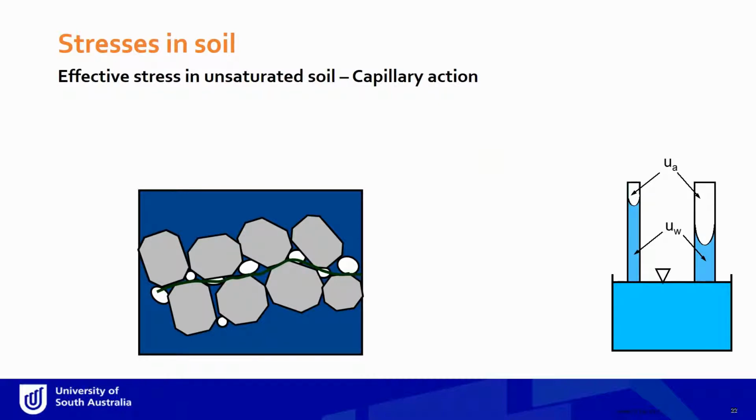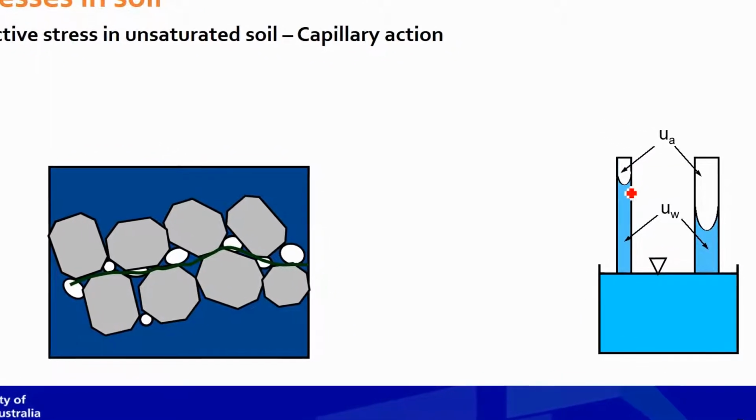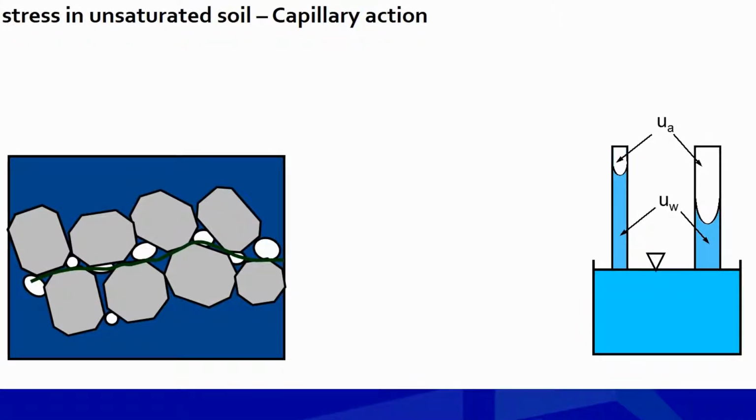The stress in soil, or effective stress in soil, as we have seen, is a function of total stress and water pressure. Total stress and water pressure, any of these two changes, the effective stress will change. Now in unsaturated soil, because of capillary suction, surface tension forces, if you remember from high school days, the water has lots of surface tension forces, and in unsaturated soil you will see air bubbles like this inside the soil.